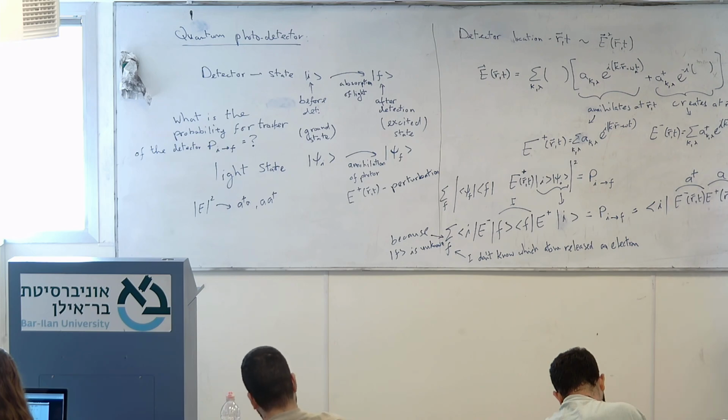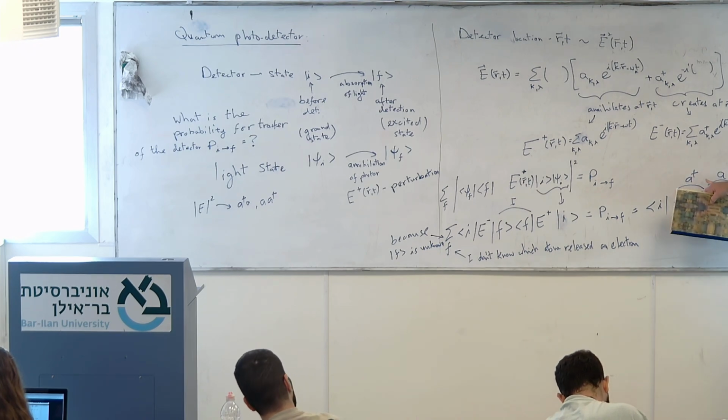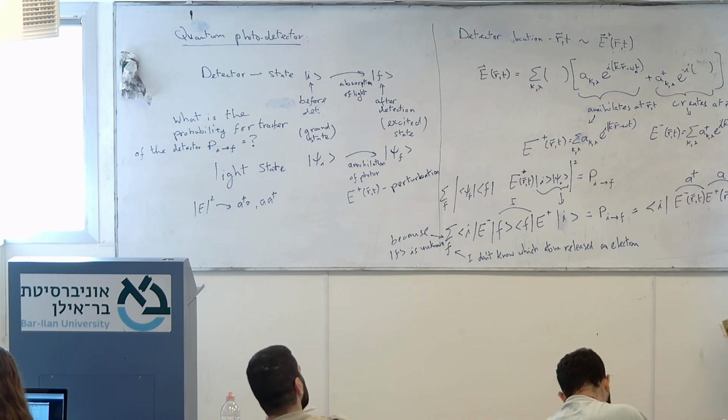So if you ask me what is the probability to detect, I will tell you, you need to calculate the average of A dagger A and not A A dagger. The order is important.